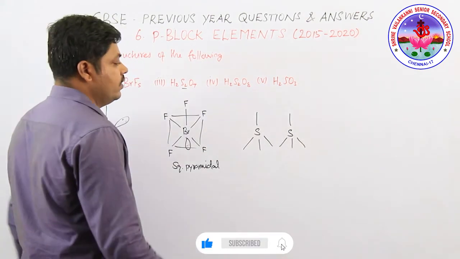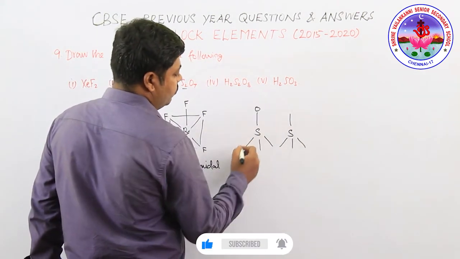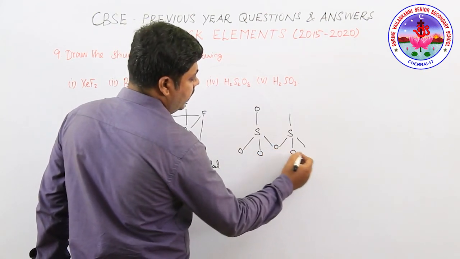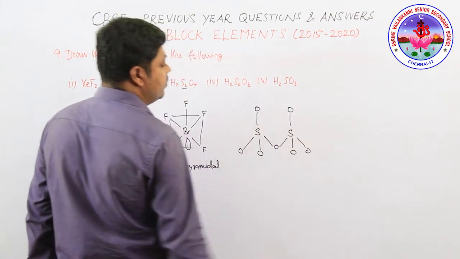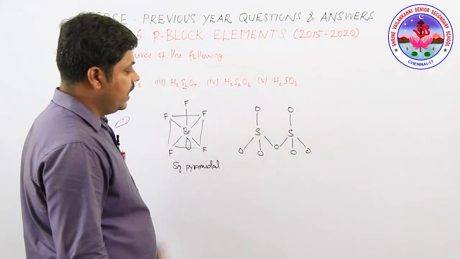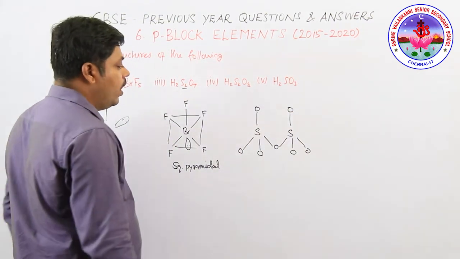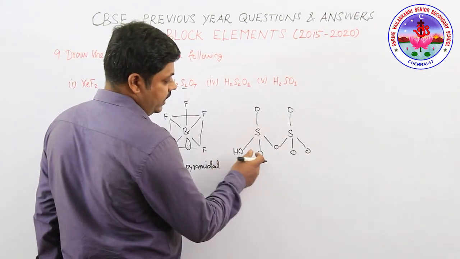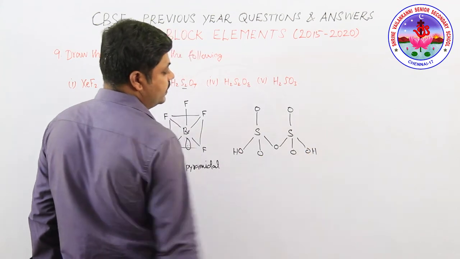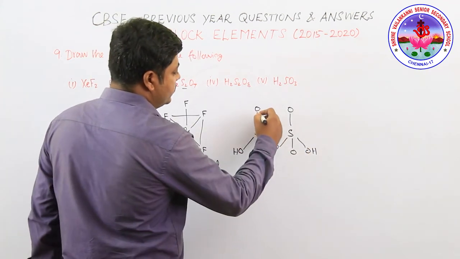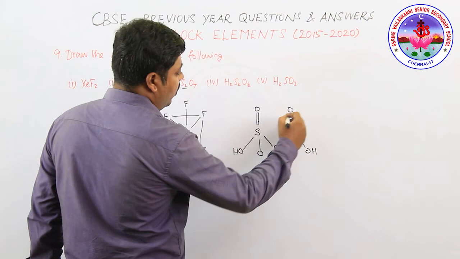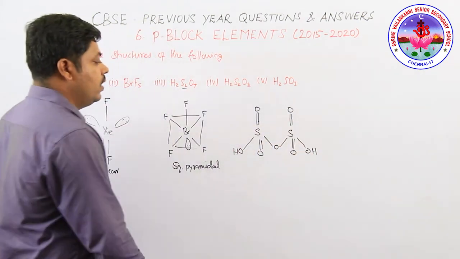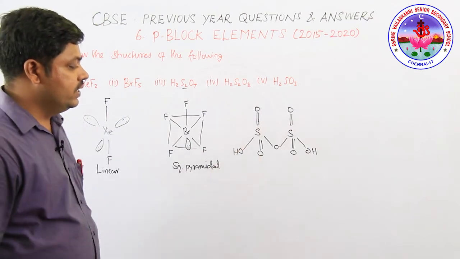Hydrogen and oxygen. The number of oxygen is 7, so 1, 2, 3, 4, 5, 6, 7. So 7 oxygen atoms are balanced here. Then the remaining 2 hydrogen atoms, 1 hydrogen atom here and 1 more hydrogen atom. Then the remaining you have to satisfy with the double bond. Now this is the structure of H2S2O7.